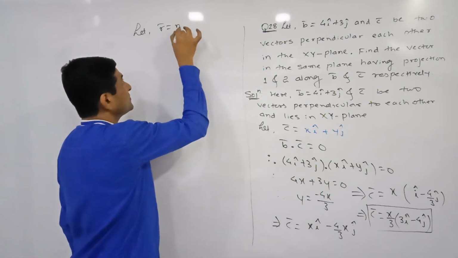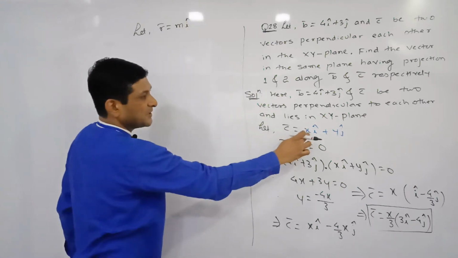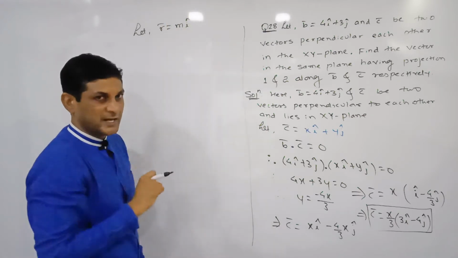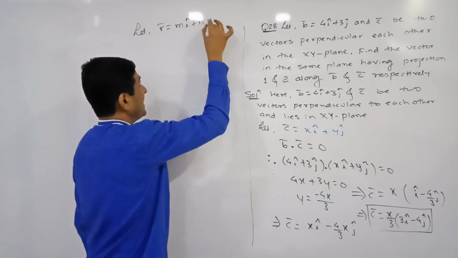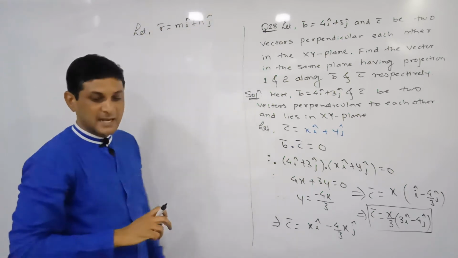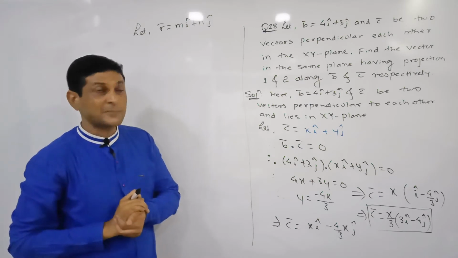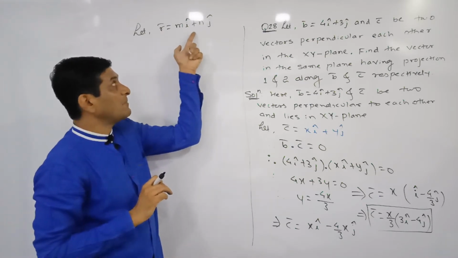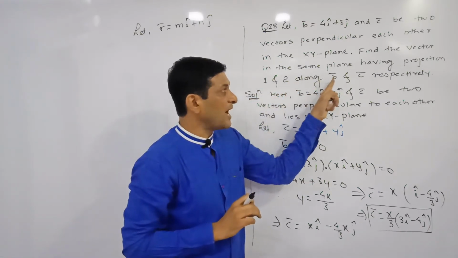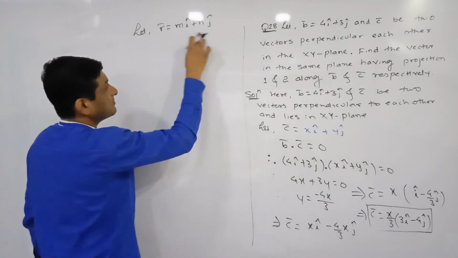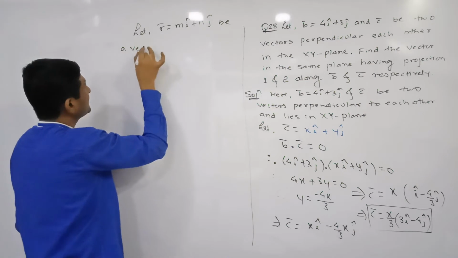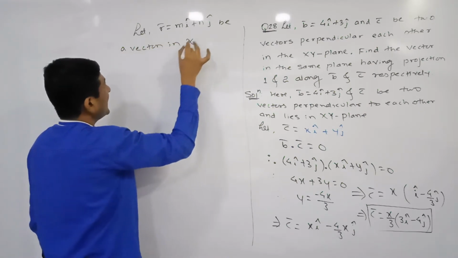Let us denote the coefficient of i cap by m, because here we denoted it by x, so instead of x and y you can use any small letter, plus n j cap. The term of k cap is absent because this vector lies in the XY plane. Now this vector R bar has projection 1 and 2 along B bar and C bar. So let R bar be a vector in the XY plane.